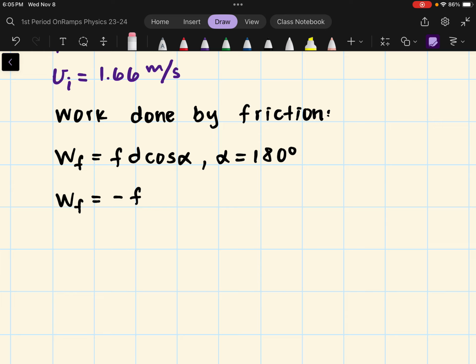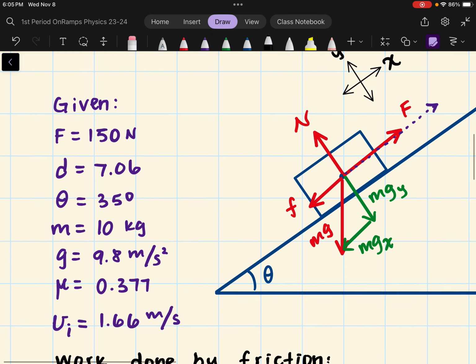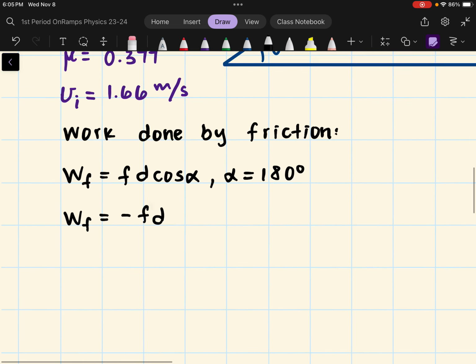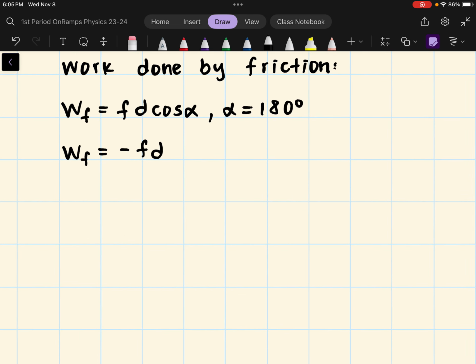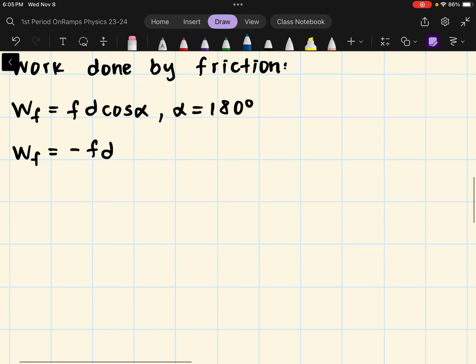Although this seems a very simple equation to solve, we were not given the force of friction. We have to use the general formula for force of friction.